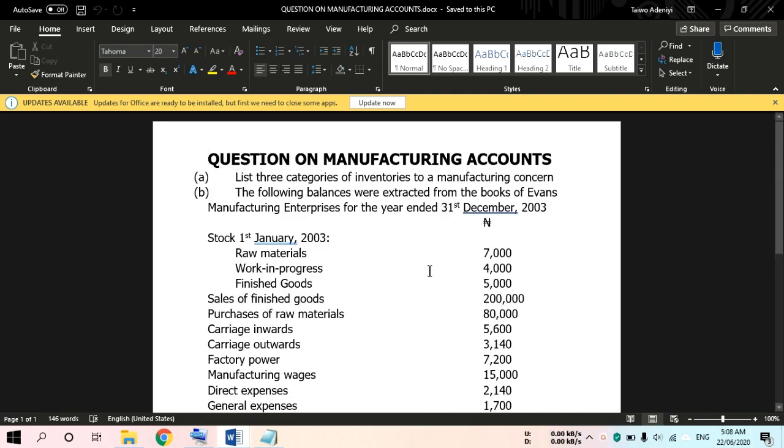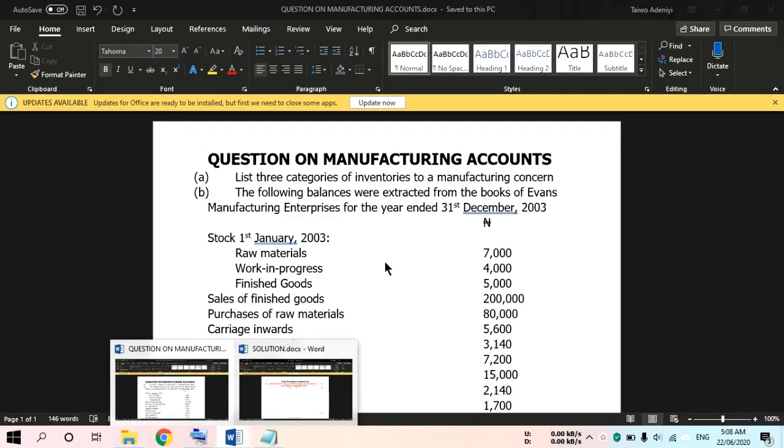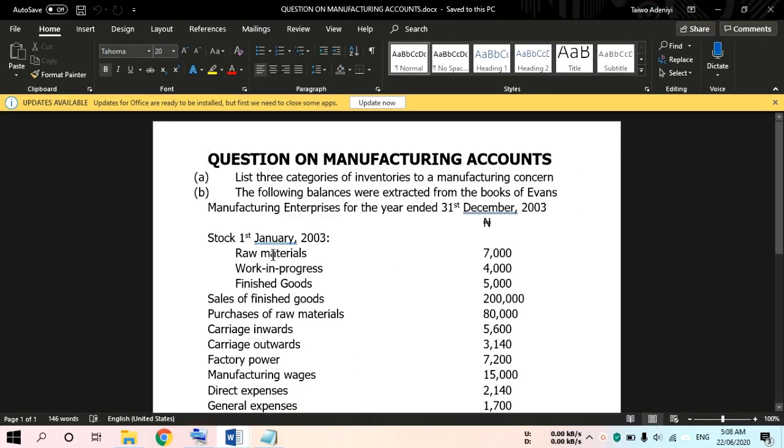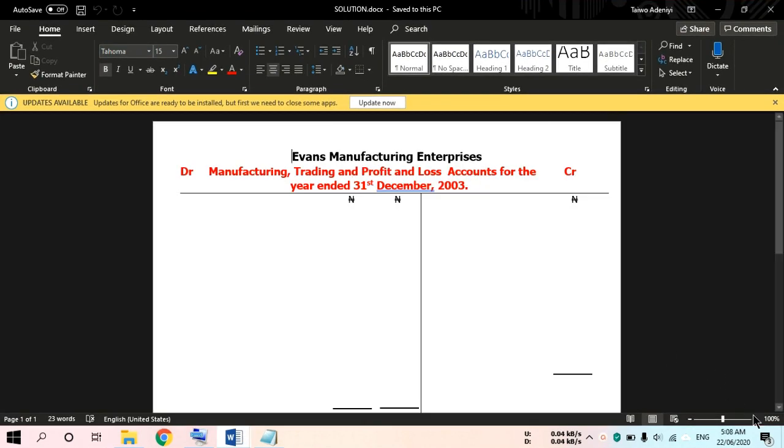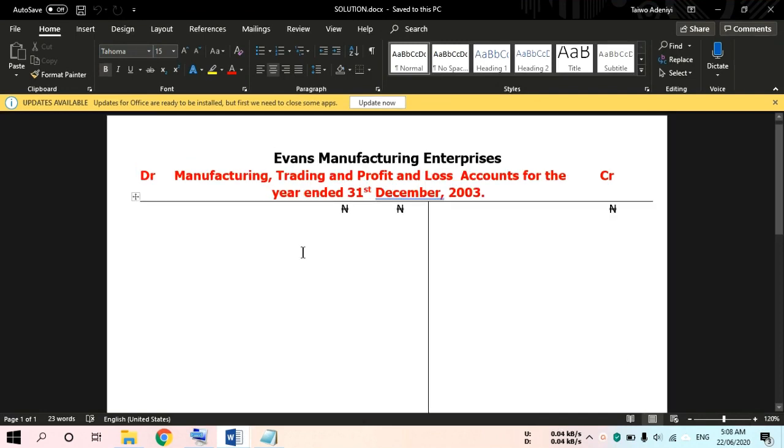To solve this question is very easy to do. First and foremost, we need to look for the opening stock of raw materials. The opening stock of raw materials is 7,000 naira. I'll begin with that.